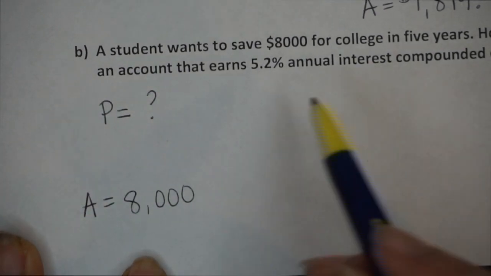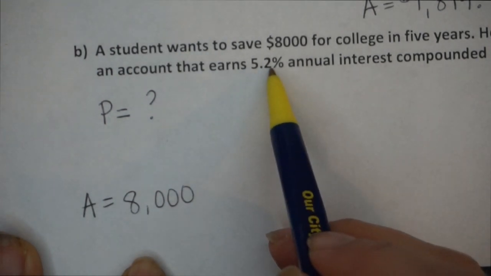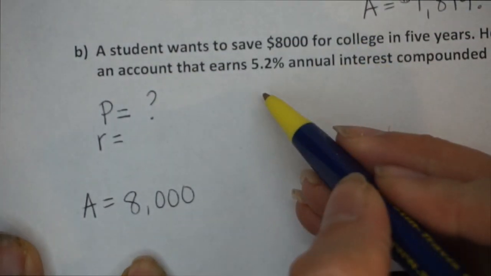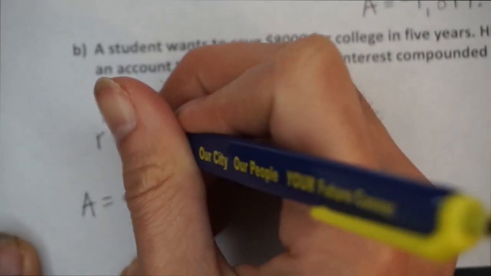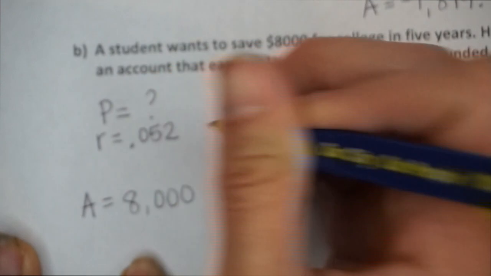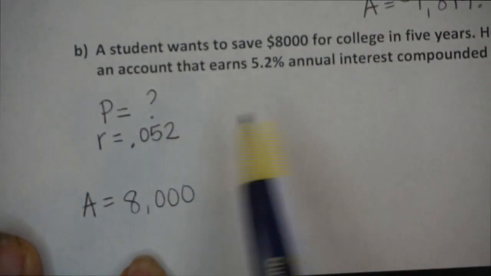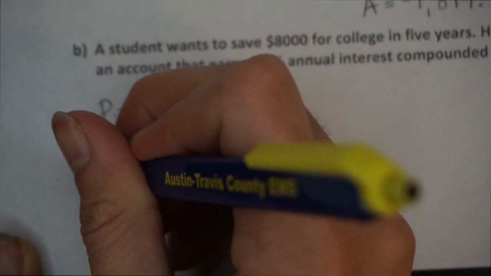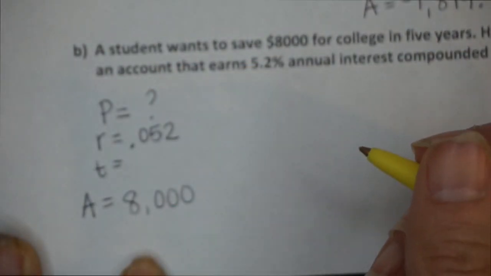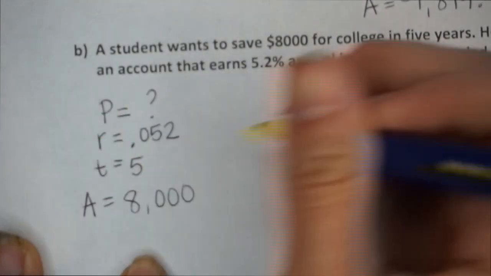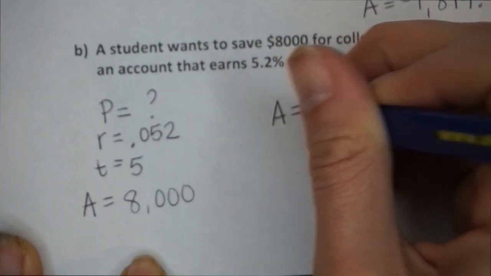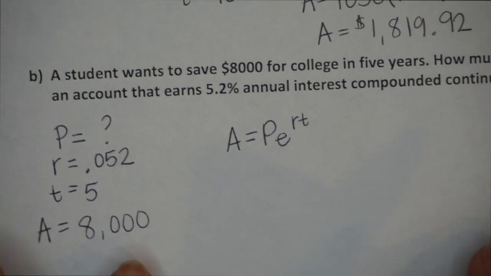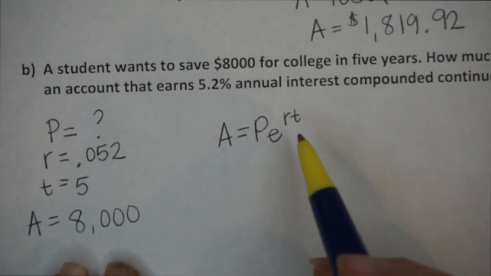Now, they did give us the interest rate is 5.2. Remember, interest rate is represented by R, and written as a decimal will be 0.052. And then it's only going to be there for 5 years. So T is 5. All right, so our equation for compounded continuously interest looks like this.